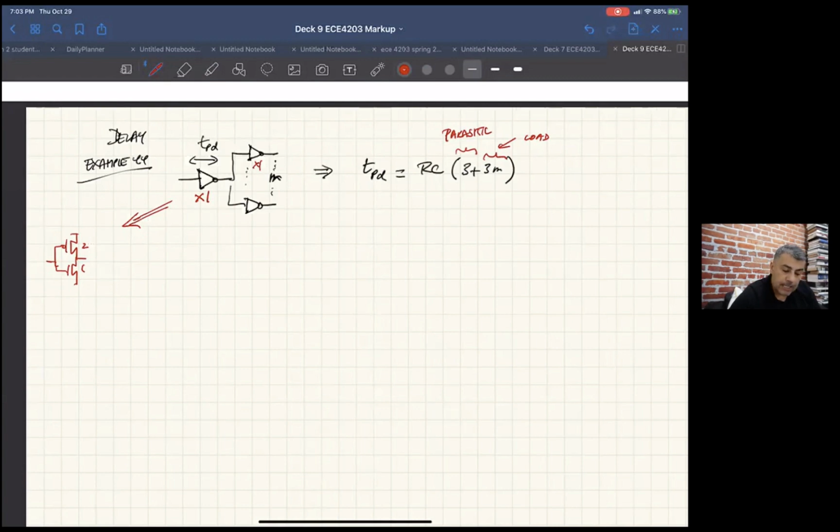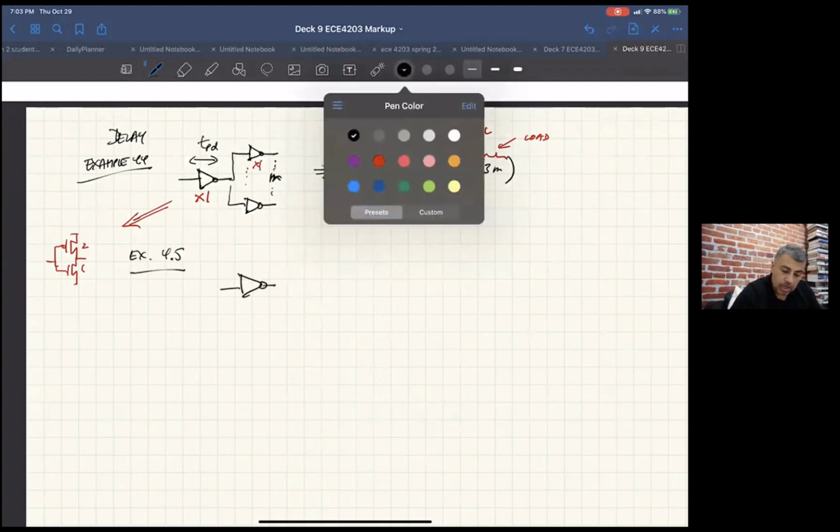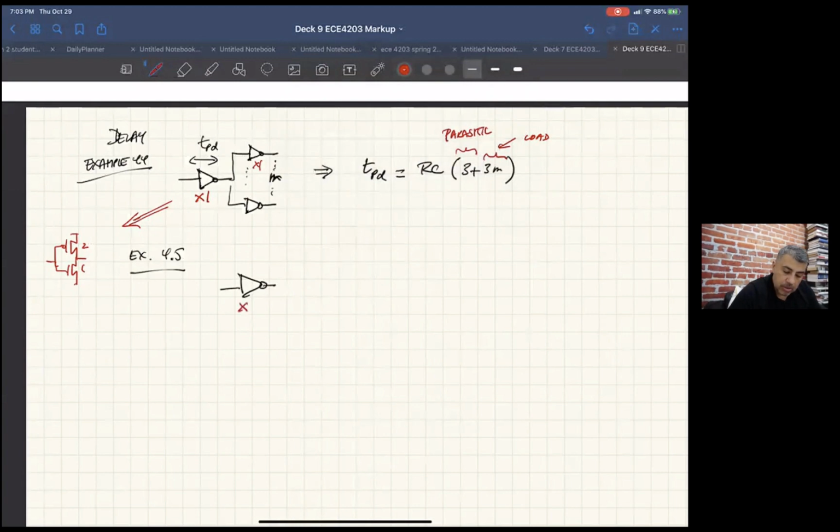And then example 4.5, we had an inverter that was W wide.